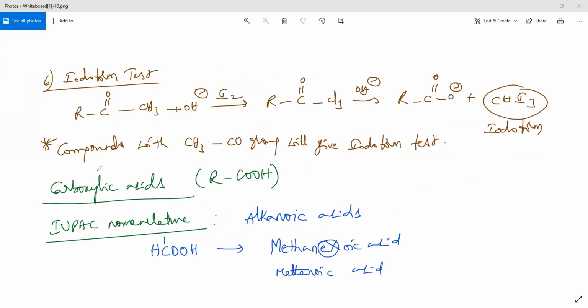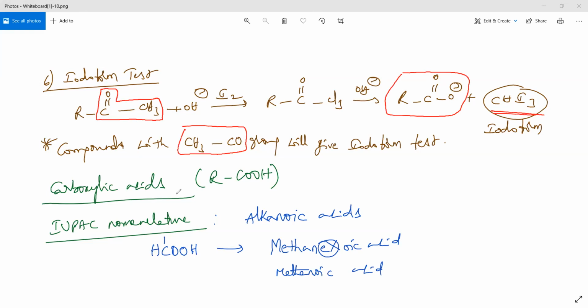Any compound having the CH3CO group gives you the corresponding haloform and carboxylic acid. So this is the condition with CH3CO.